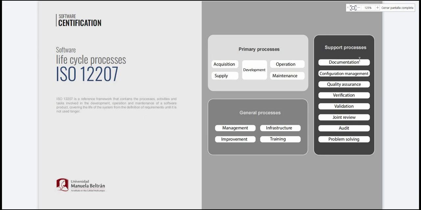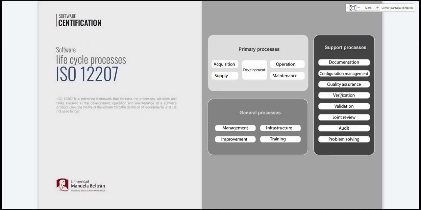Configuration management: activities that control the modification and version of the elements. Quality assurance: activities to assure the product meets its specified requirements and conforms to the plans.